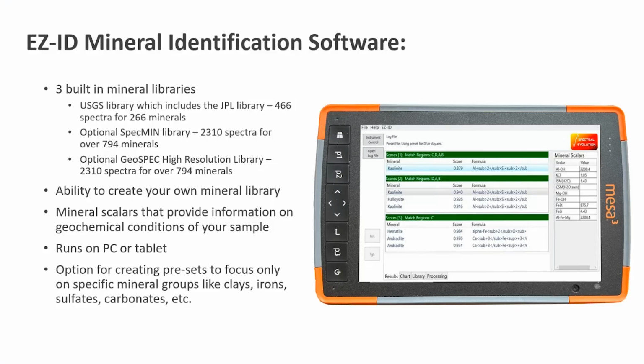So it's important to understand that a mineral library is limited by the instruments used or the resolutions used to build that library. If you have a lot of generalizations with coarse resolution spectra in your library, that may interfere with analysis with high resolution.